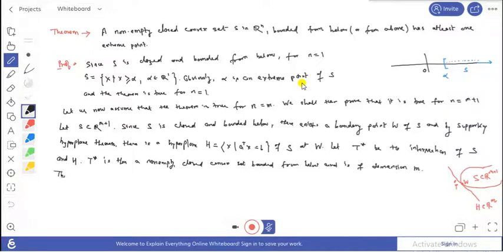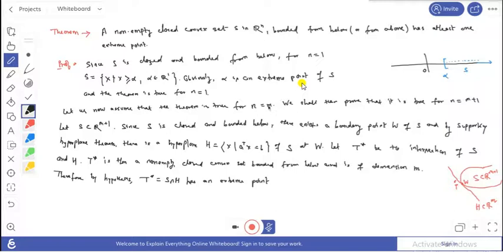Therefore, by hypothesis, this T star, the intersection of S and H, has an extreme point, because we say that this is true for n equals n.